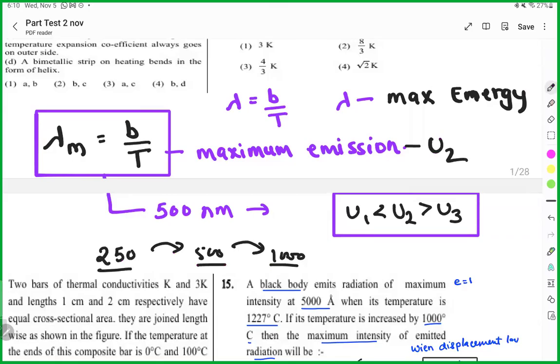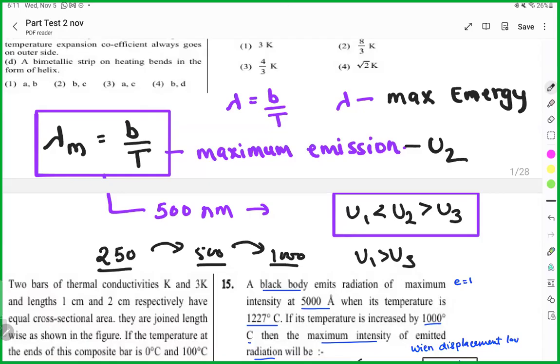Temperature will be, if wavelength is less, temperature is more. It means U1 will be greater than U3. कैसे पता चला?